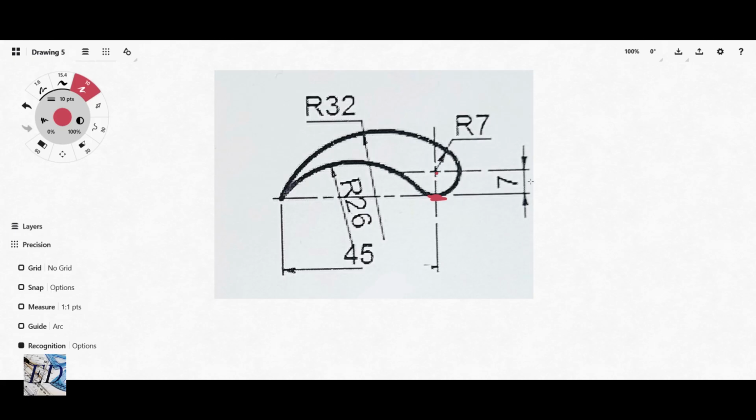This even proves the other tangency principle that says that if you have a line tangent to a circle at exactly one point, the distance between the center and the point of tangency is the same as the radius. So this circle has a radius of 7 millimeters, and this dimension is telling us that the distance between here and here is also 7 millimeters. So clearly the center line touches this circle at exactly one point.